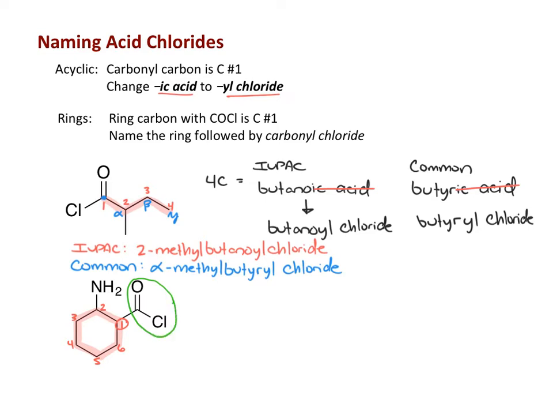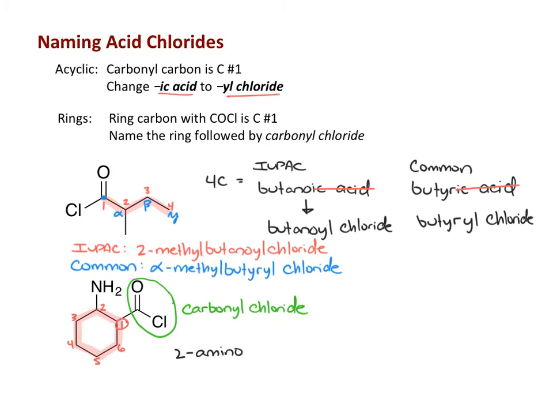So we need to deal with the fact that it's attached to the parent, and we name this group coming off of the parent as a carbonyl chloride. Okay, so the way we'll generate this name, your ring portion first, as you would just a typical cycloalkane. We have an amino substituent at carbon 2.